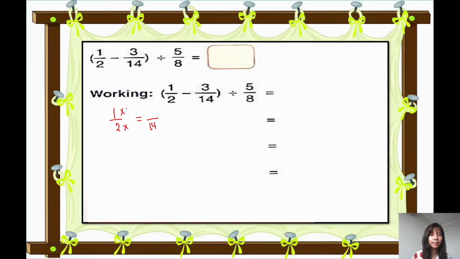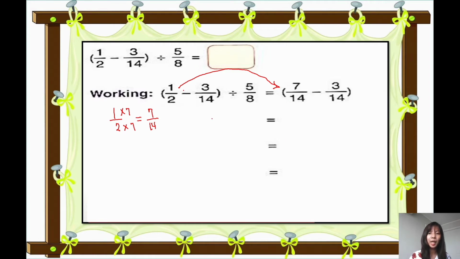Multiply by 7. Alright, so 2 times 7 equals 14. And then whatever you did to the denominator, you have to multiply the same number in the numerator. So 1 times 7 is 7. So now we have 7 over 14. From 1 over 2, it becomes 7 over 14.